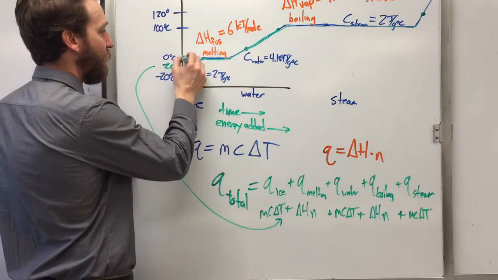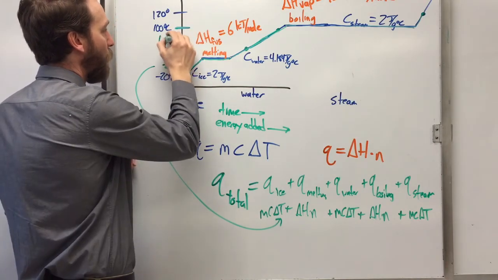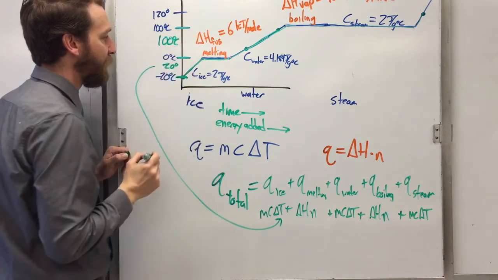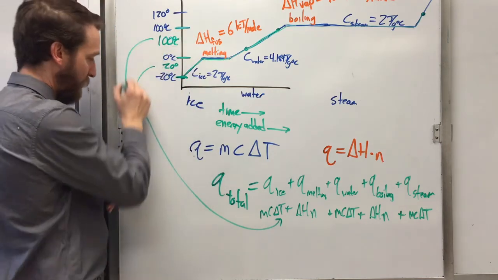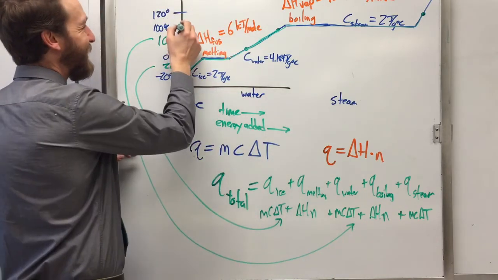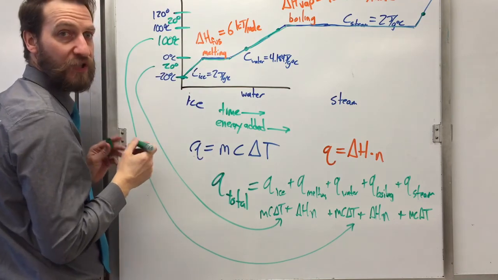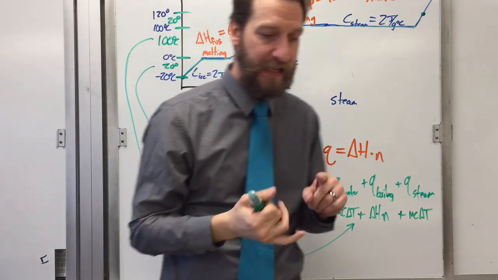The temperature change for the water can go from 0 up to 100, so the water is going to go through 100 degrees of temperature change. So that's your ΔT here. And then the steam is actually only undergoing a 20 degree temperature change. Okay, so that's one thing to keep in mind.